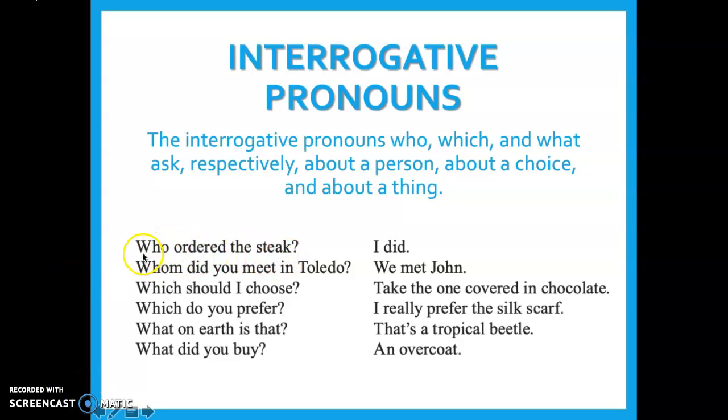So in this case, the interrogative pronoun is who. And then, which should I choose? Which is the interrogative pronoun replacing the object. What did you buy? What is another interrogative pronoun replacing an object.